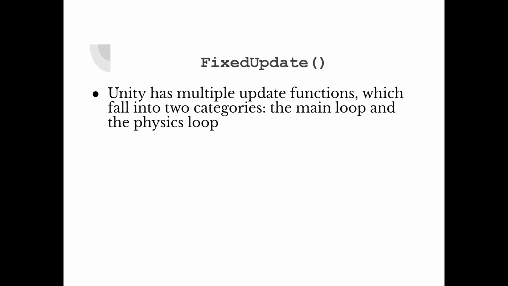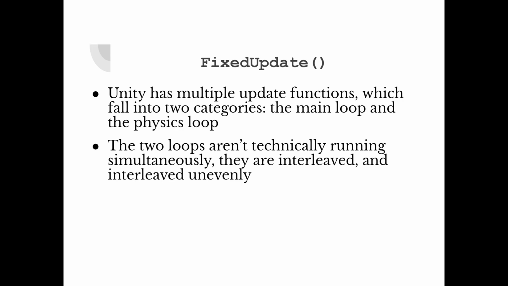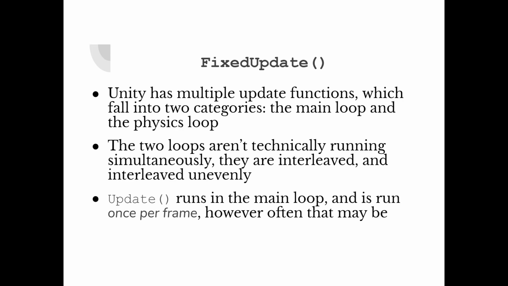So Unity has basically multiple update functions which fall into two categories: the main loop and the physics loop. The main loop runs at frame rate. The physics loop runs at something different. So they technically aren't running simultaneously. They are actually interleaved, and they're interleaved unevenly, but we'll see how this works, right?